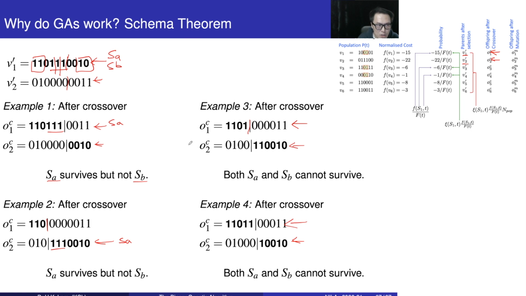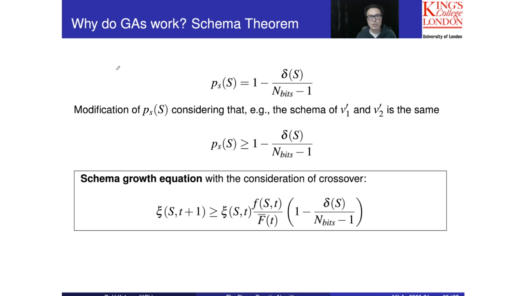So if we choose the crossover point in between these 3 bits, we will destroy it, subject to the assumption that V2 is not SA and SB. So this assumption also gives you the approximation of the probability of survival of this schema.